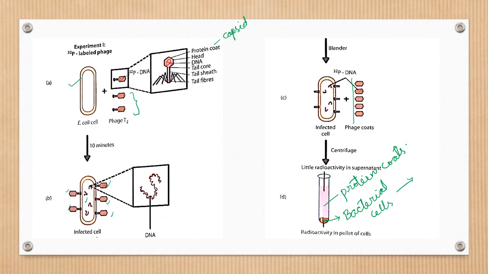Already we said this virus DNA has the radioactive phosphorus. That means all the radioactive phosphorus is present in the bacterial cells, and the protein coats do not have radioactive phosphorus.